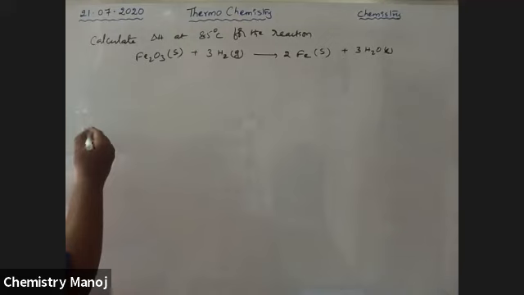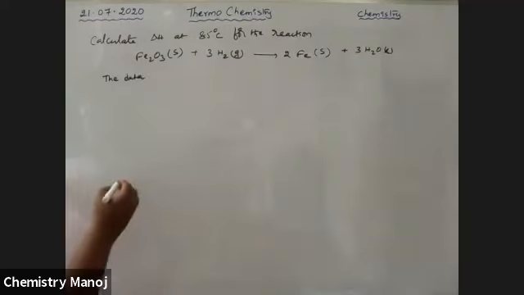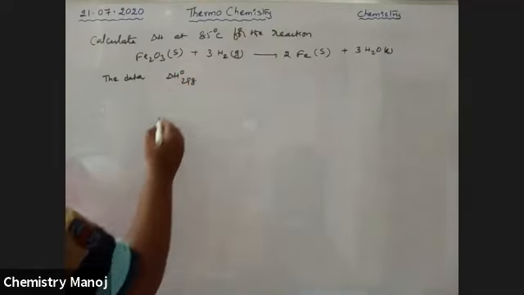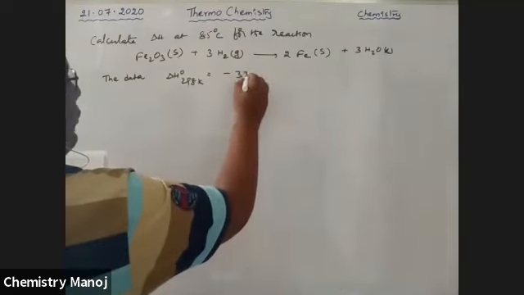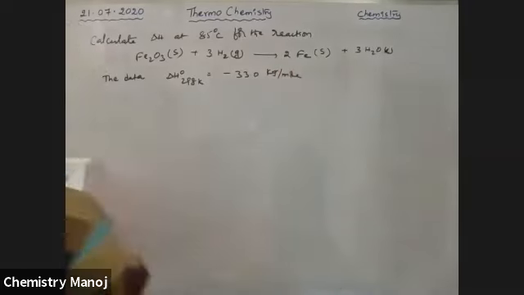The data: delta H naught at 298 Kelvin is equal to minus 33.0 kilojoule per mole.